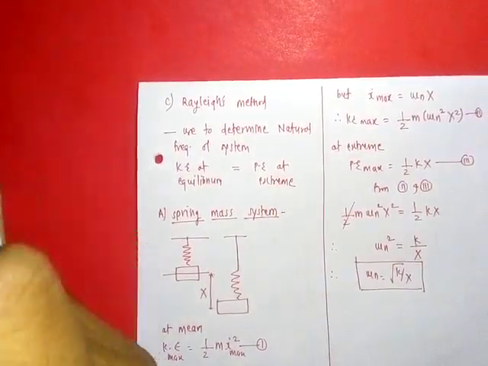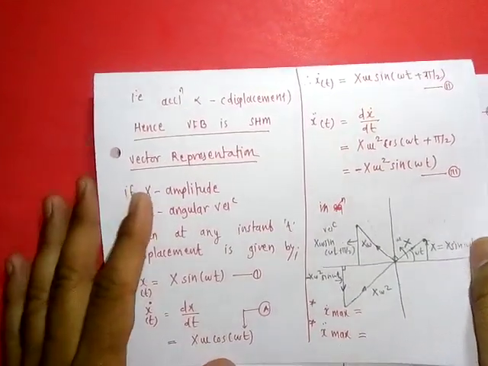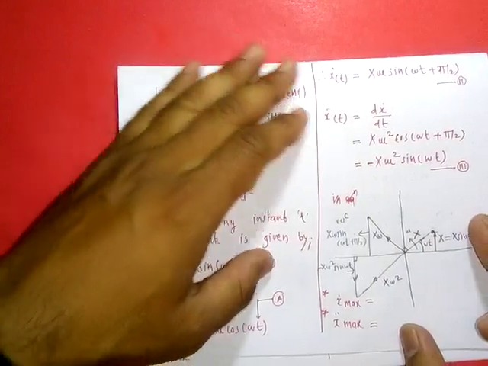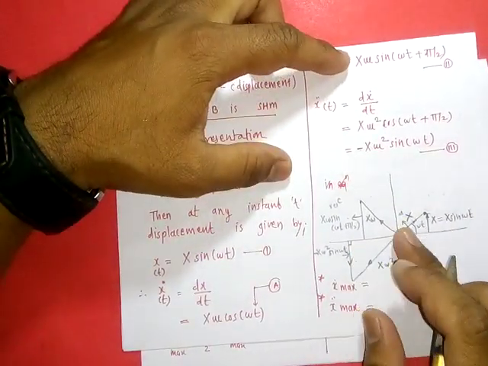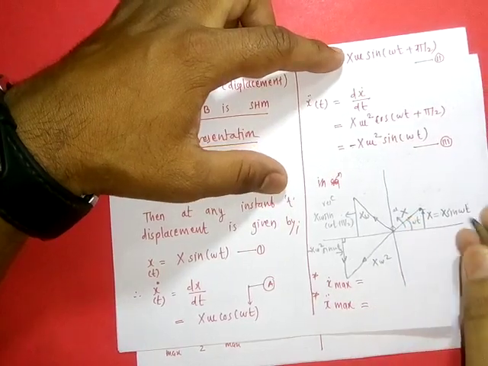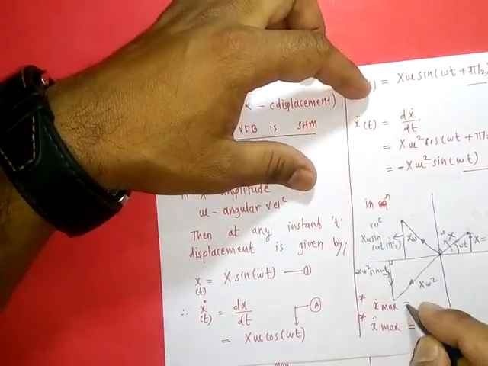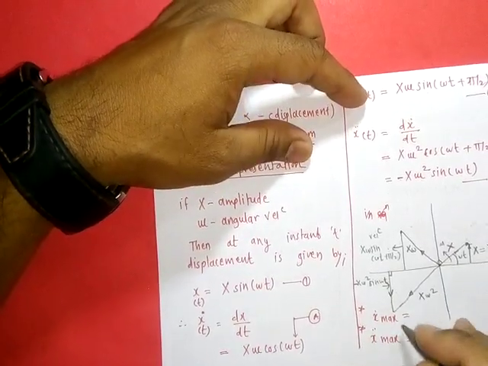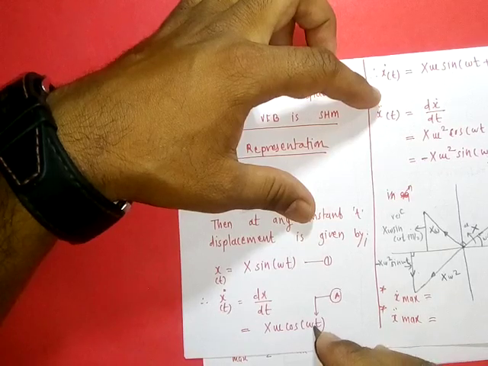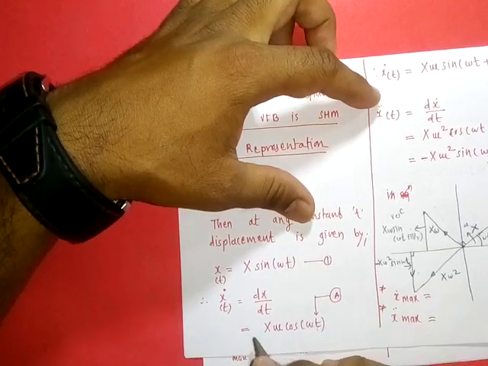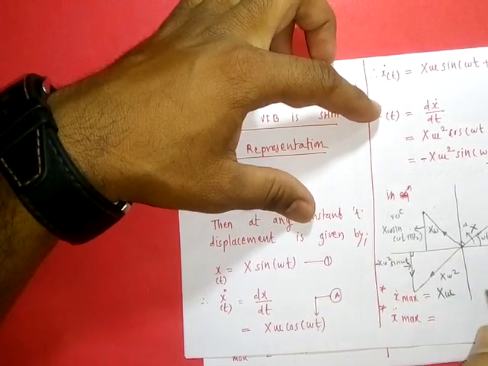Before going to see this, let's recall the second video, or I suggest you see it again. In that there is one point remaining. While explaining this, the maximum value of velocity will be when omega t is equal to 0, cos will be 0, velocity will be maximum, and that maximum value is x omega.